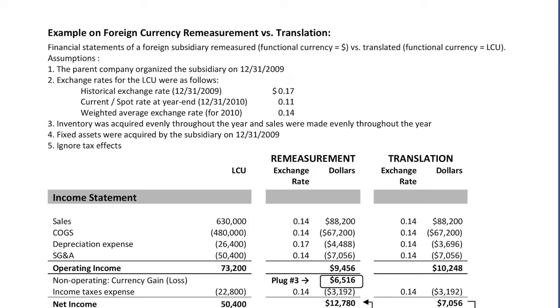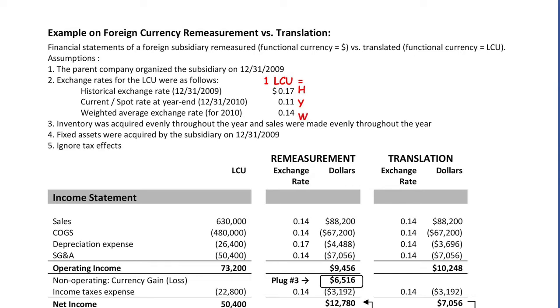So right there, one LCU equals, so the historical exchange rate was 17 cents. So one local currency was 17 cents, right? H there. The current rate as of 31st December 2010, that's 11 cents. So write Y there. The weighted average exchange rate during 2010 is 14 cents, right? W.